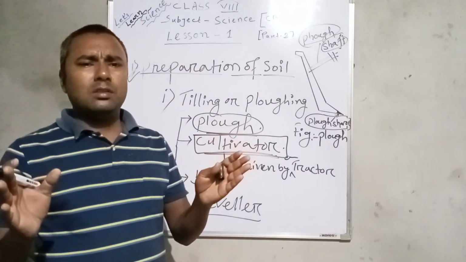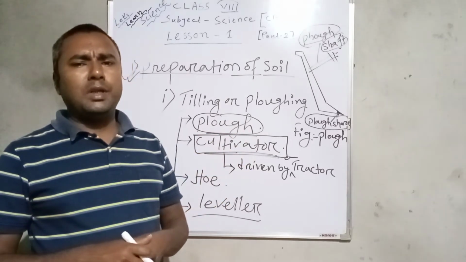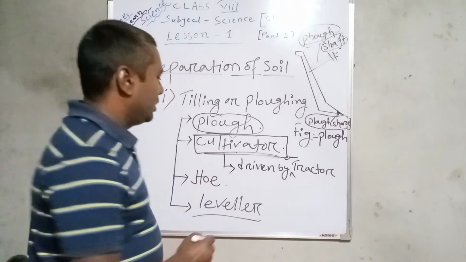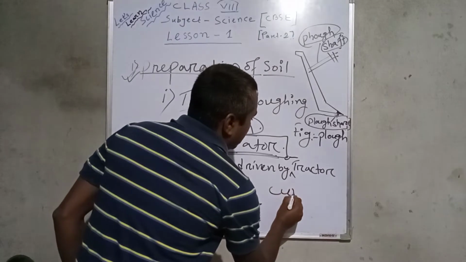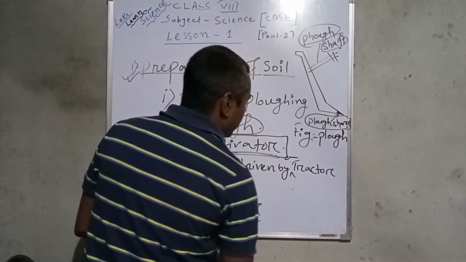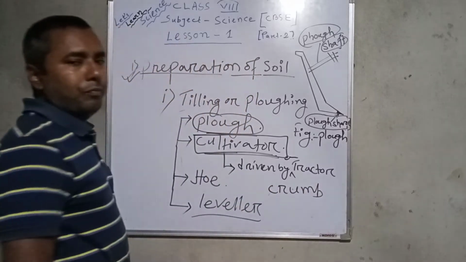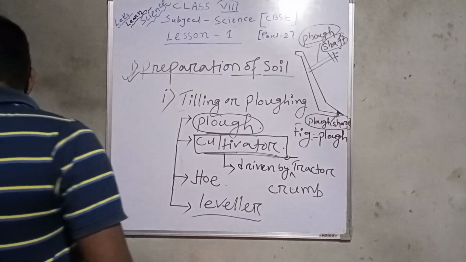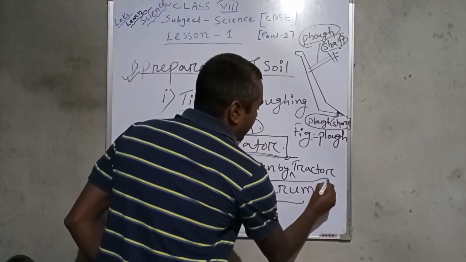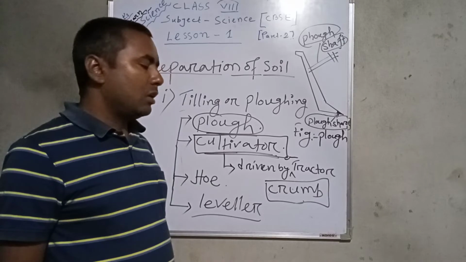Some big structures of soil remain. These big structures of soil are called crumbs. So these crumbs also have to be broken down and converted into fine soil particles.